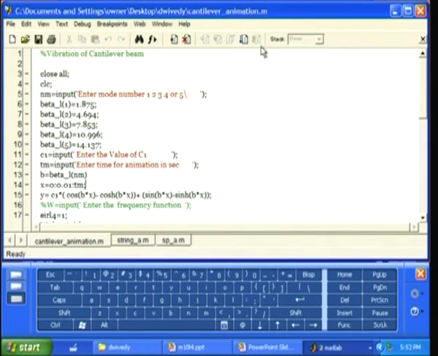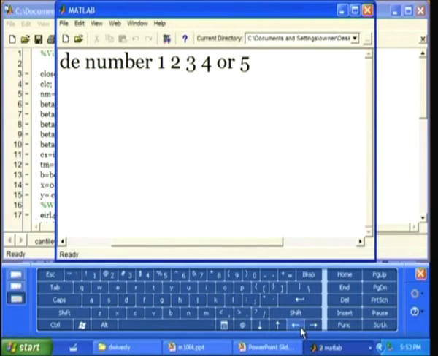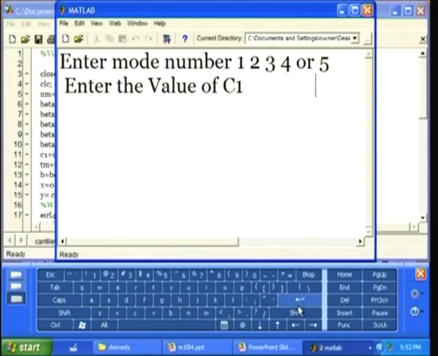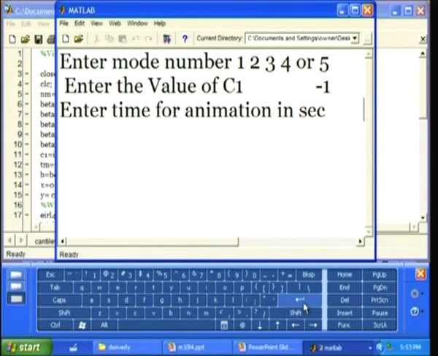Let us see the fourth mode. Here I have written the mode number equal to 4, and let us see this animation.